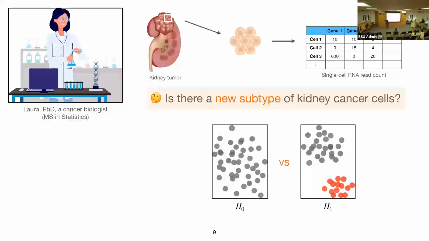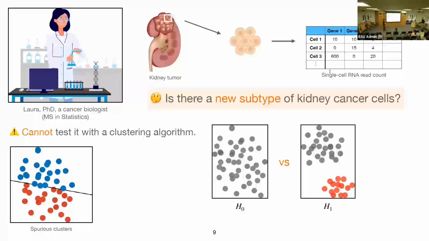There is only one mode. The alternative is that the cells come from a mixture of different modes. So this is a multivariate distribution with 2 or more modes. Although I'm only drawing here in 2 dimensions, you should imagine this is data in 100,000 dimensions because you have 100,000 genes. So how do we test this?